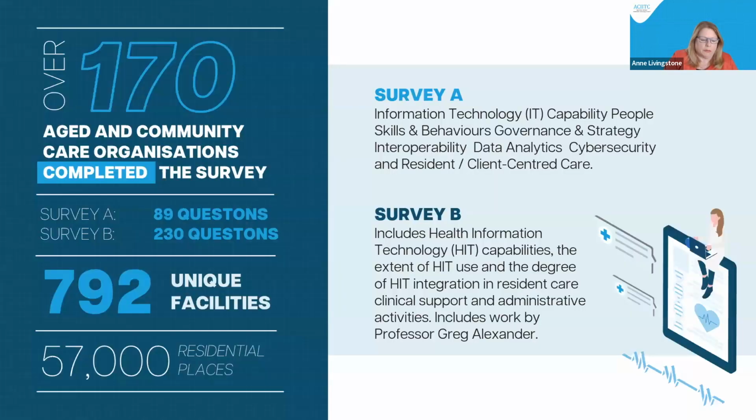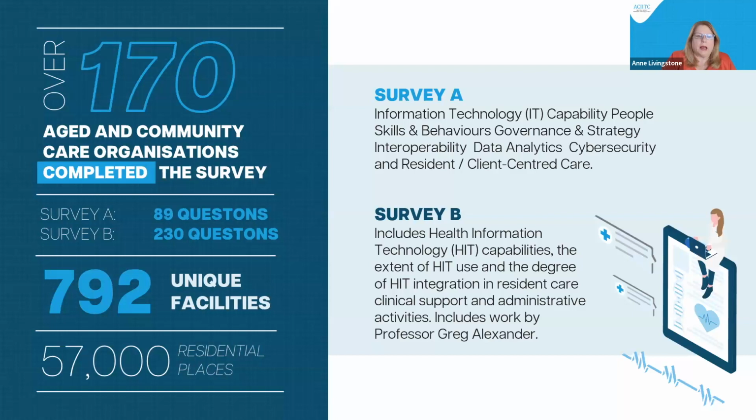We had over 170 aged care providers complete the survey. We would like more, and we're hoping that this isn't a one-off survey period. We also need to note that during the survey period, it was a really heavy workload on providers, and it was a period where a lot of other surveys were going on.